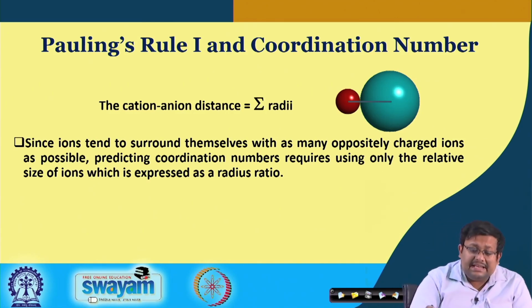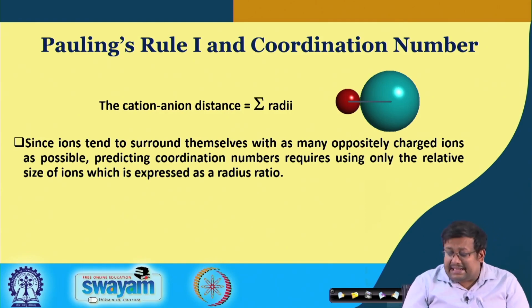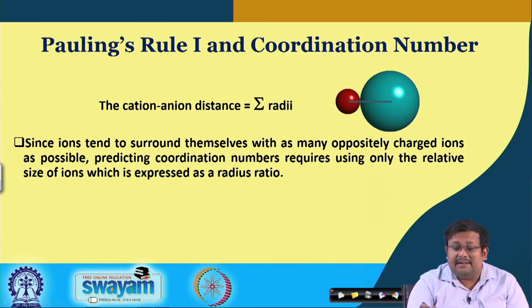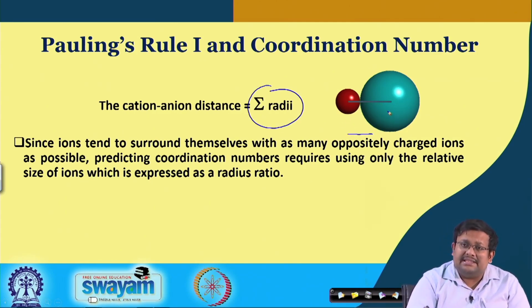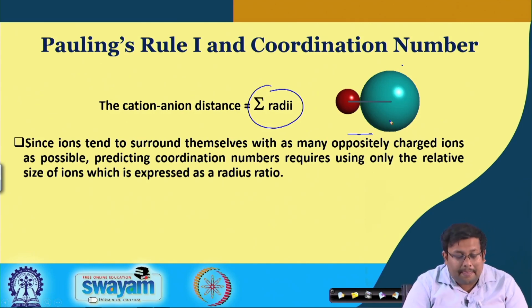You can see here the cation-anion distance is governed by the summation of their radii. Because this bonding is ionic in nature, we are assuming that these cations and anions have a rigid sphere-like structure.